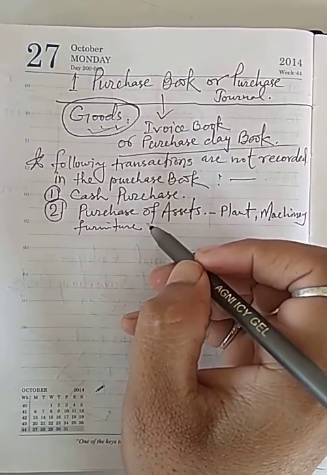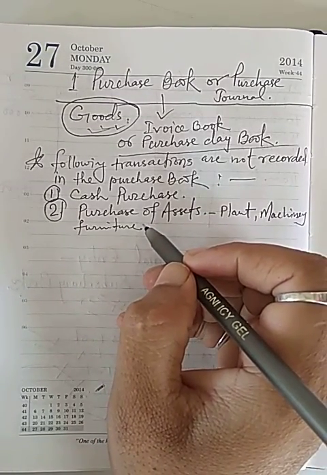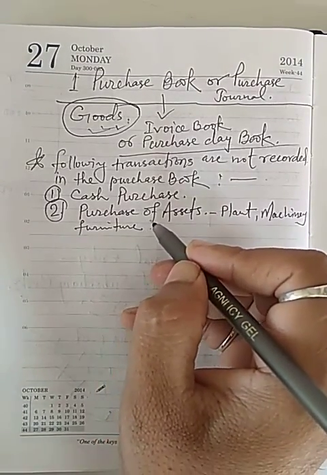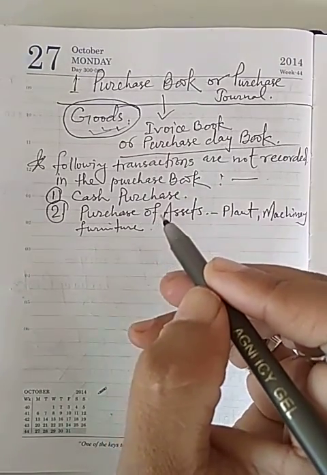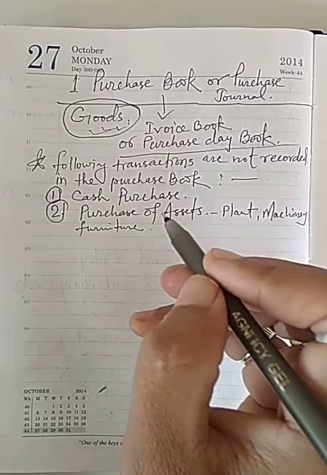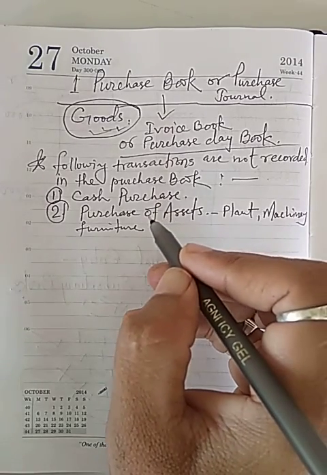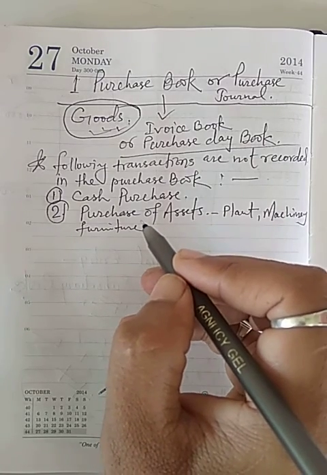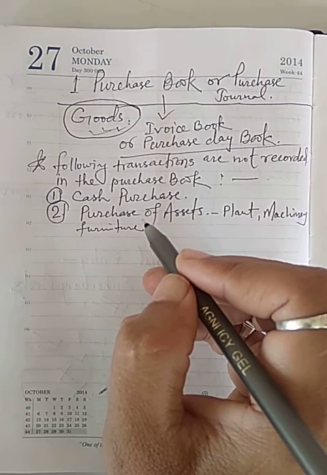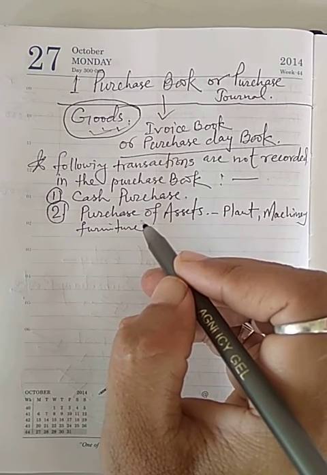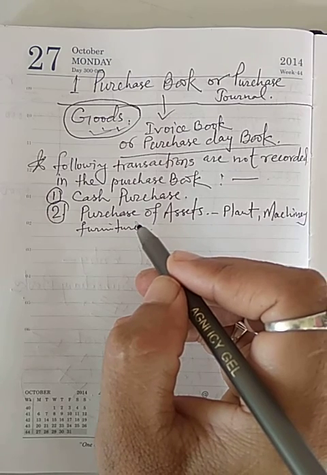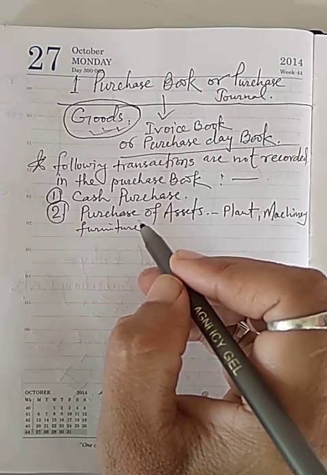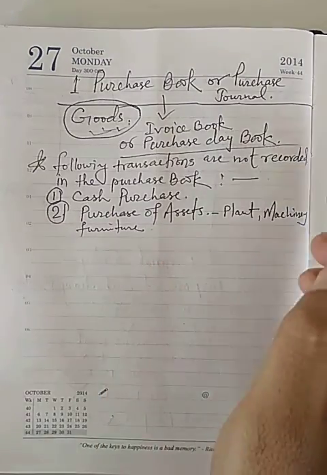Instead, these are recorded in the journal proper if purchased on credit, or in the cash book if purchased for cash.